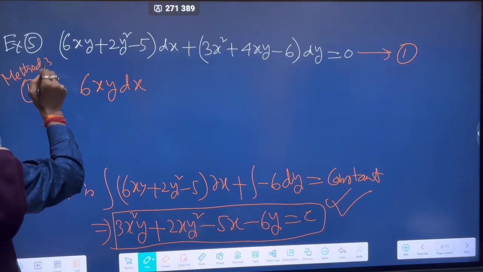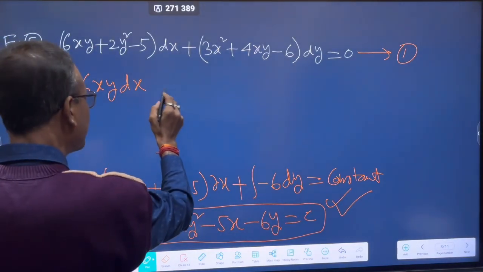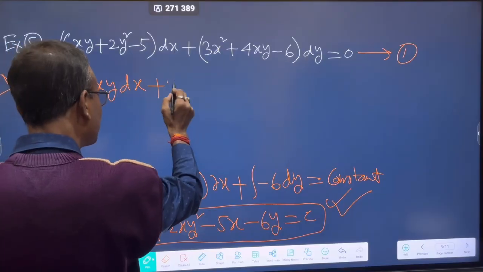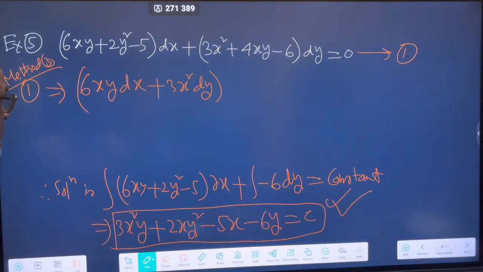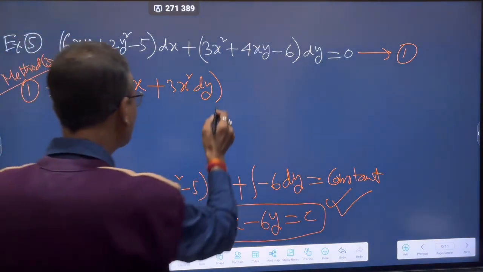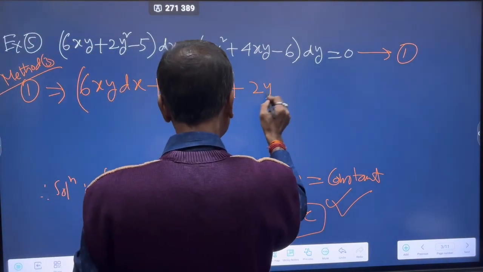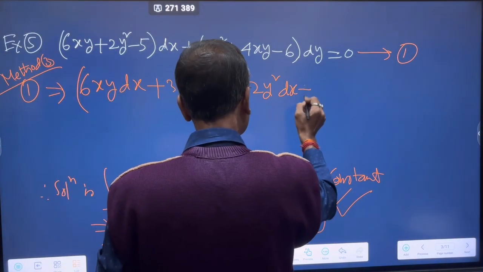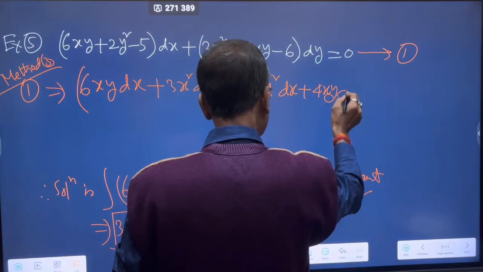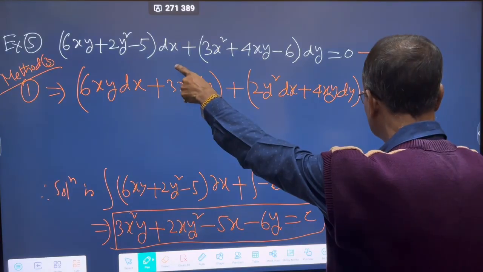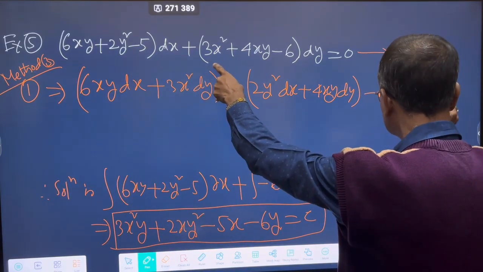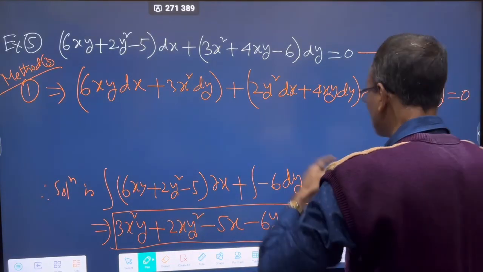Method of grouping: 6xy dx plus 3x² dy, group this, plus 2y² dx plus 4xy dy, group this, minus 5 dx minus 6 dy equal to 0.